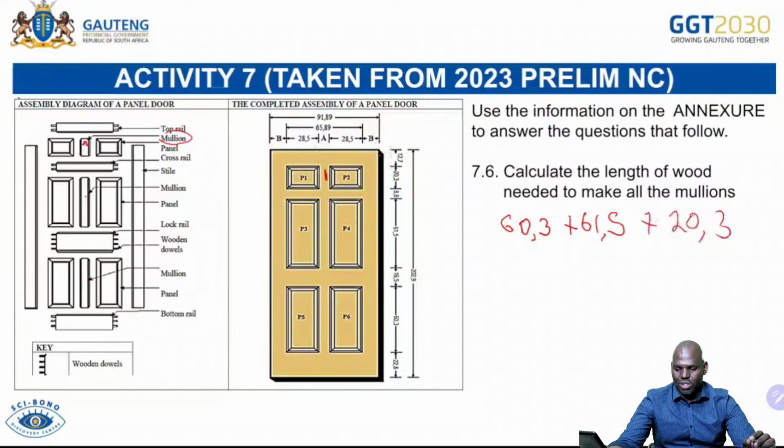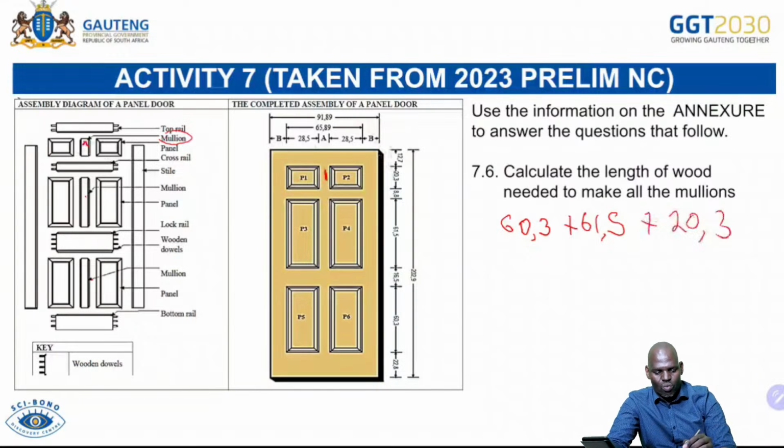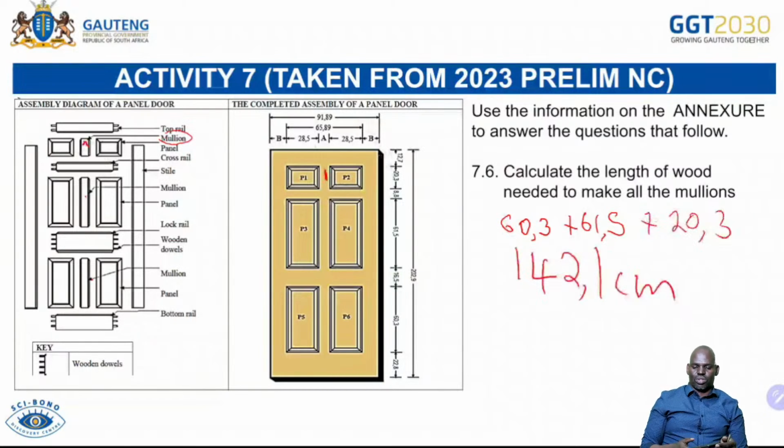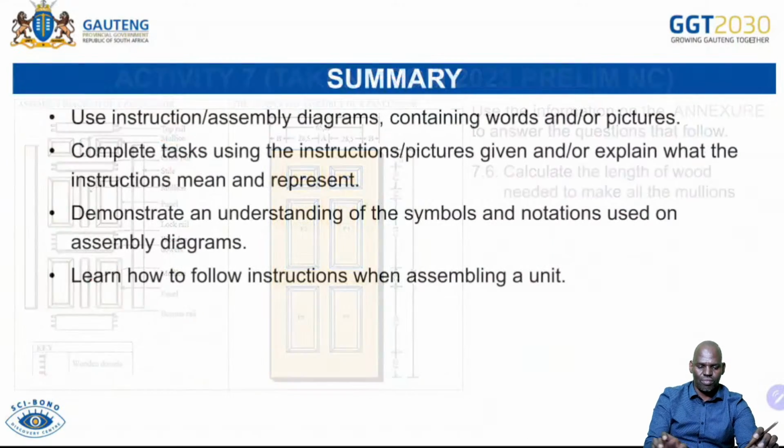Okay, let me do it as 60.3 plus 61.5 plus 20.3. Then I'm getting 142.1 centimeters. So that is the length of the wood needed.